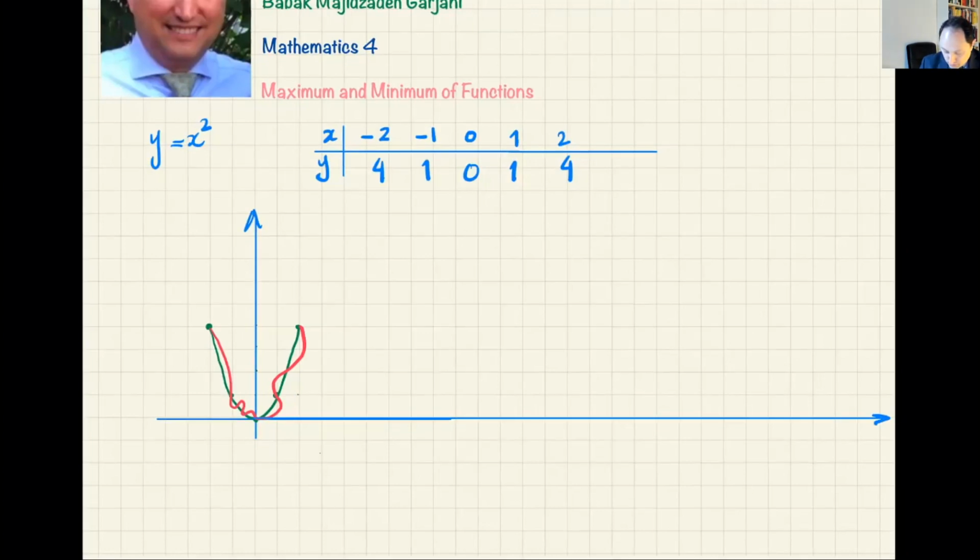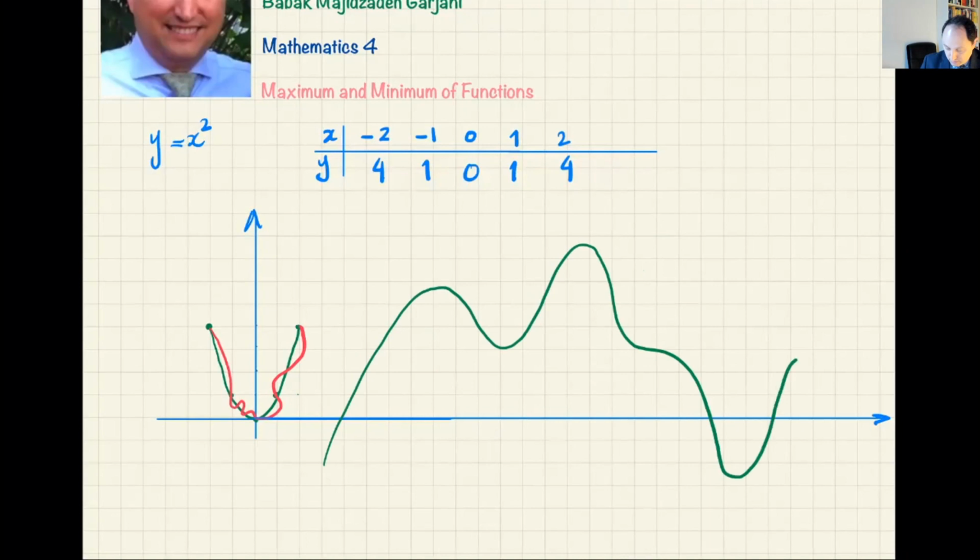For example, it goes here and then it comes back, and then it goes, let me make it better. No, it's not working. Okay, so let me just do it quickly. Something like this.